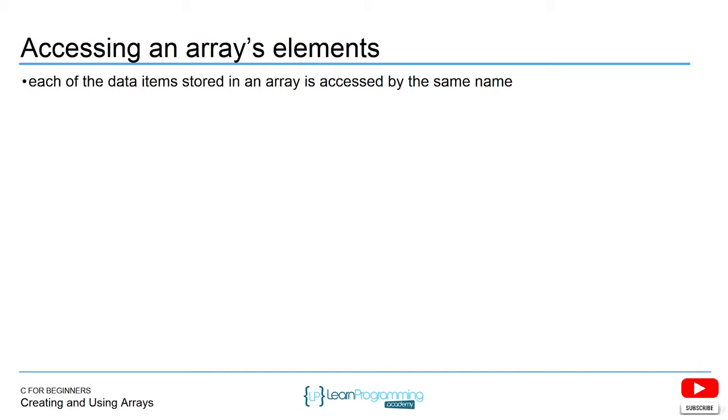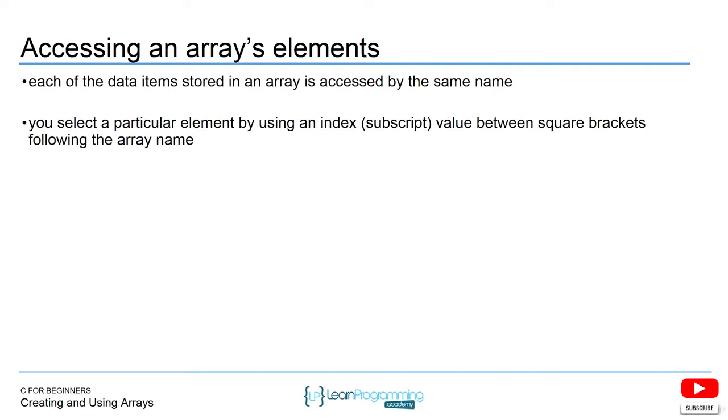So you're still going to access it with the variable name. However, if you want a specific value in that array, you're now going to have to use something called an index or a subscript. Both of these terms are used interchangeably. This index or subscript value is going to be a number, and it's going to be inside the brackets as well, following the array name, to access an element in the array or write a value to that spot in the array.